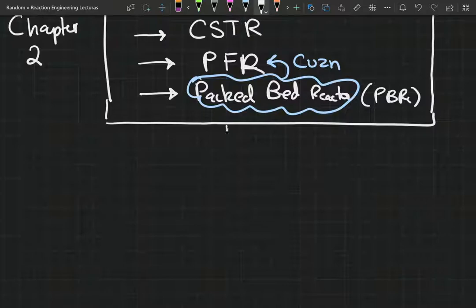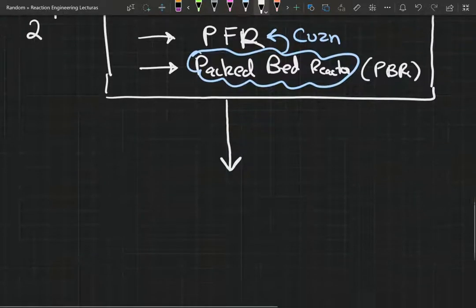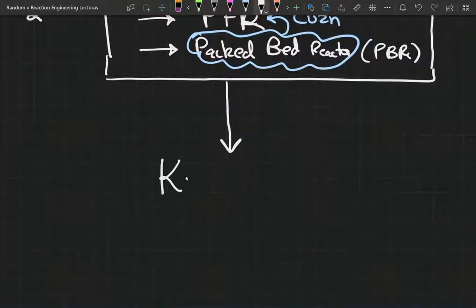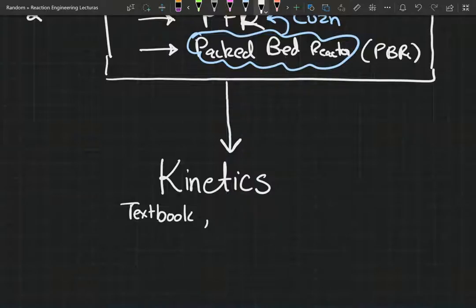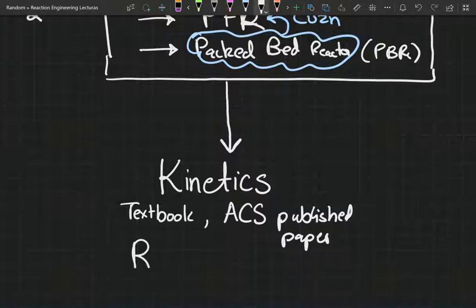Next up, we're going to need the kinetics. These are usually found in your textbook. They might be given in the problem. You might need to go to an ACS published paper, or the Royal Society of Chemistry, the one that's in England, I believe.